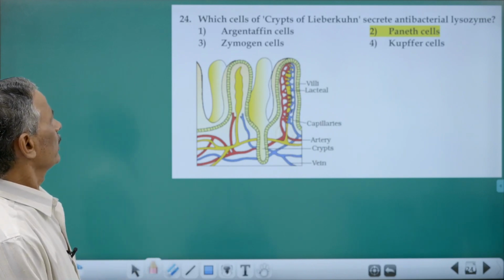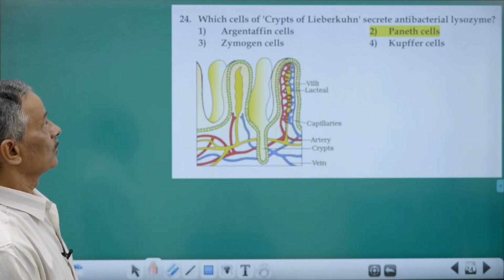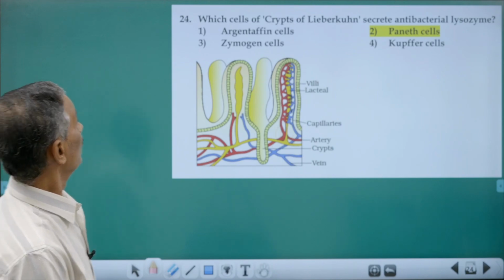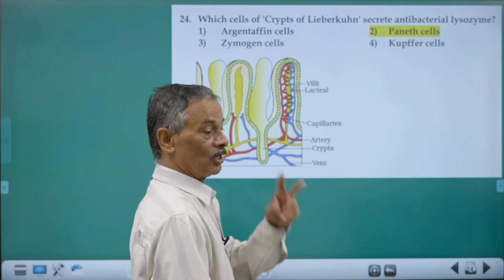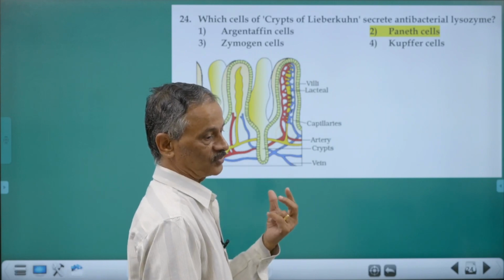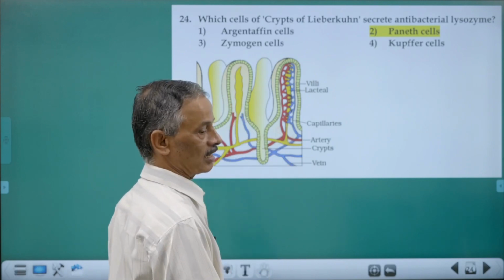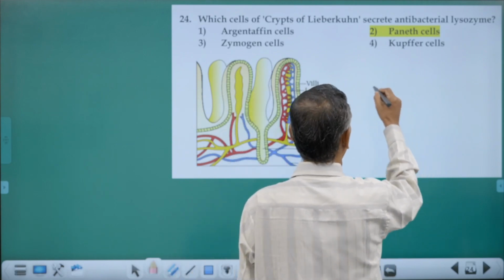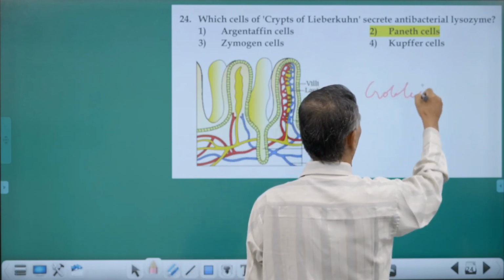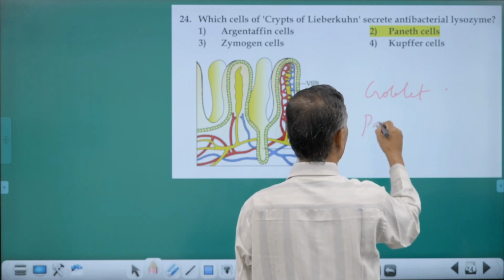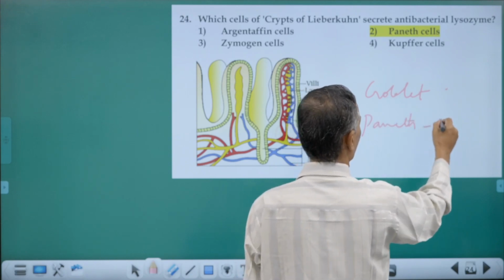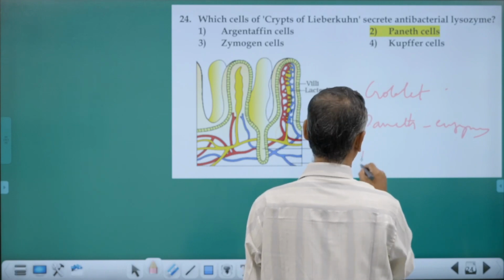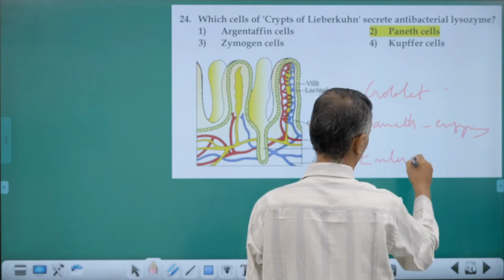Then, crypts of Lieberkühn secrete what? Antibacterial lysozyme. Which cell? We have mainly three types of cells in the intestinal glands or crypts of Lieberkühn. They are goblet cells that produce mucus, Paneth cells that produce the enzyme part, and enterocytes.